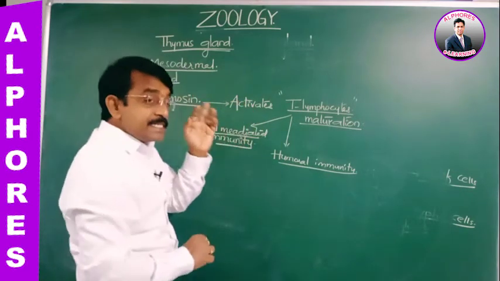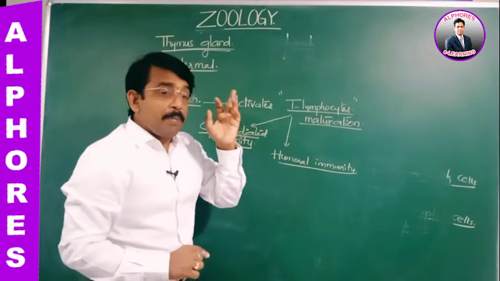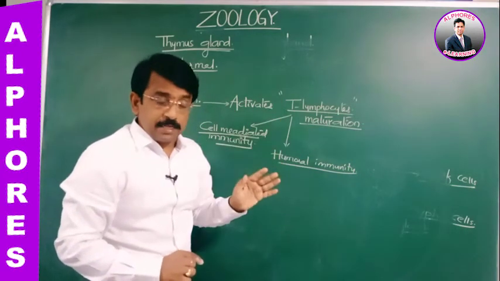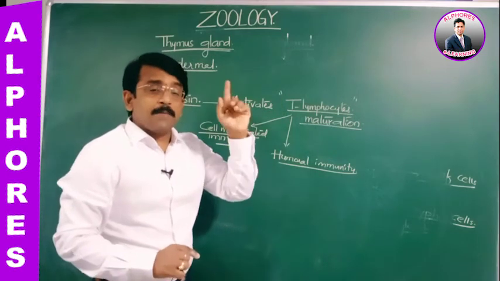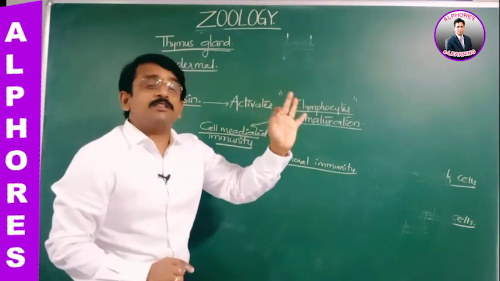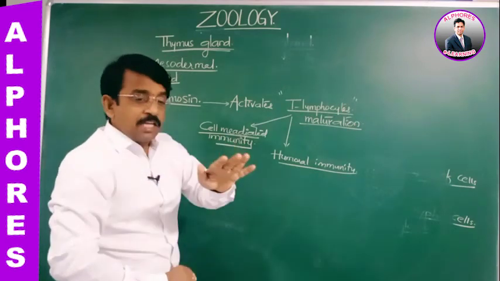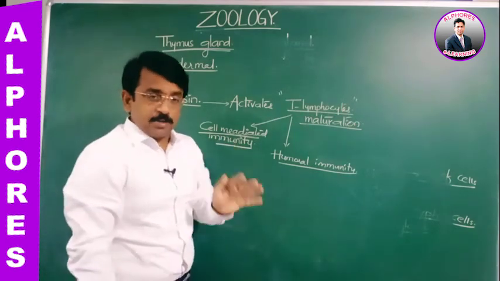The TC cells play a role in the destruction of infected cells, that is apoptosis, programmed cell death of the infected cells, which is cell-mediated immunity, where the infected cells are destroyed by cell lysis.